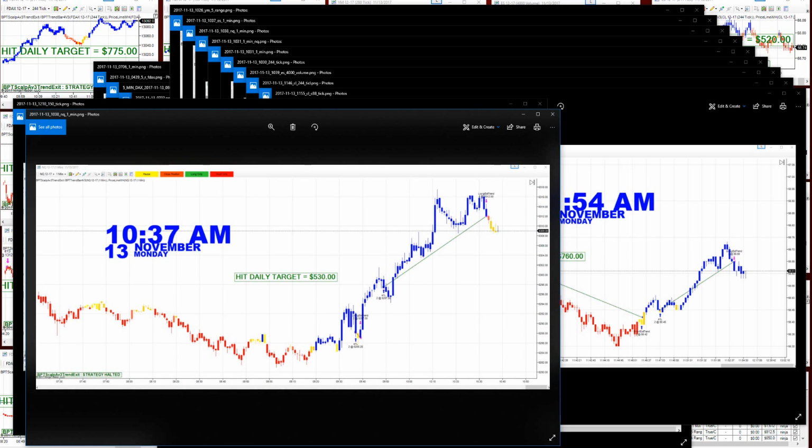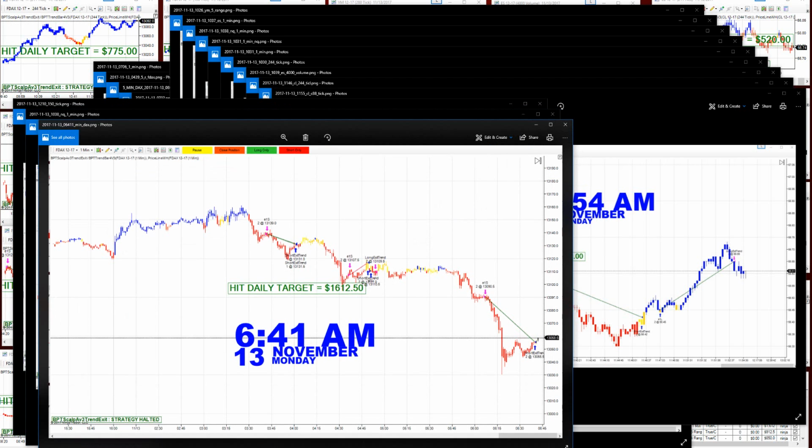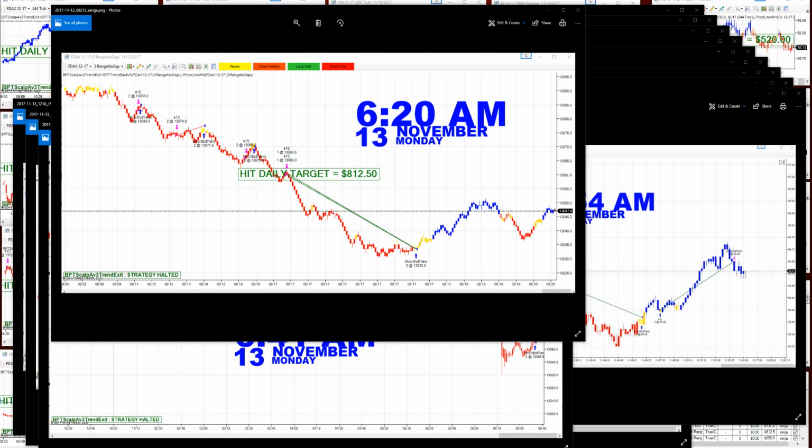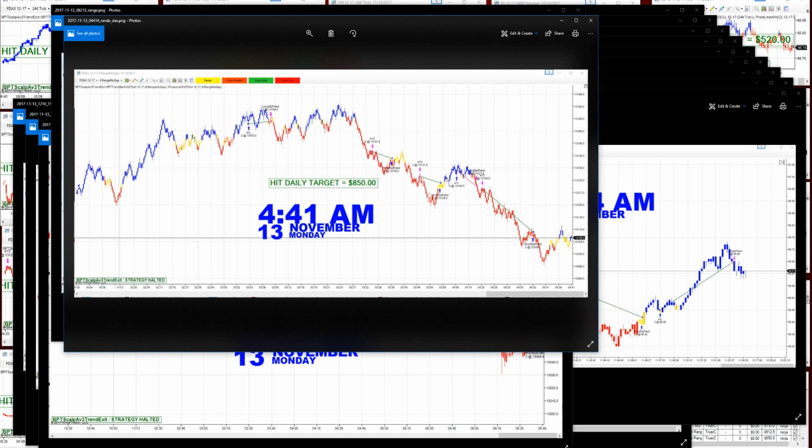NASDAQ 10:37, 1 minute chart. We are done. DAX 641, we were done. DAX 3 range 620, we were done. DAX 4 range 441, less than an hour, we were done.